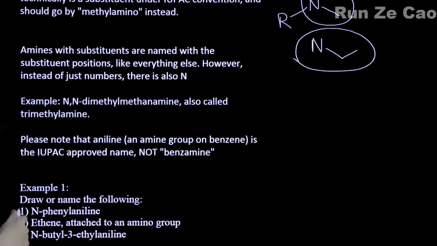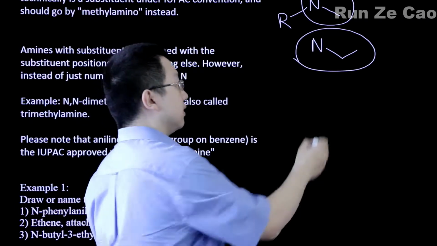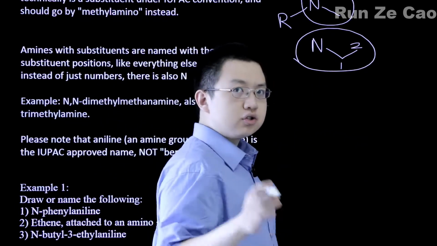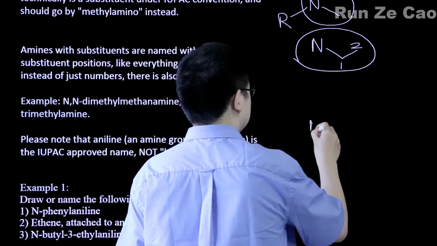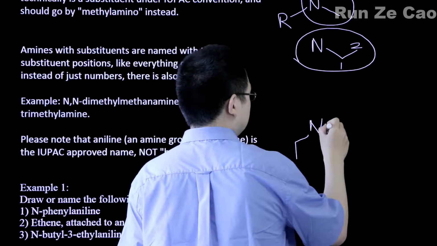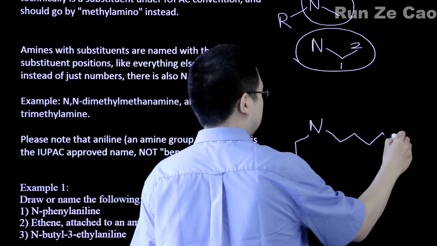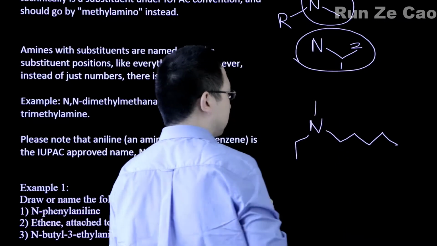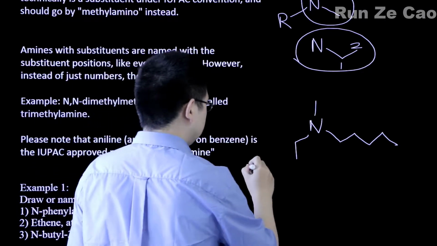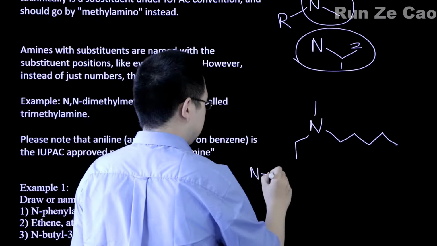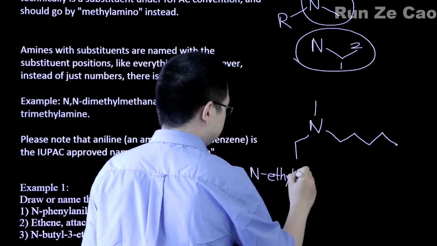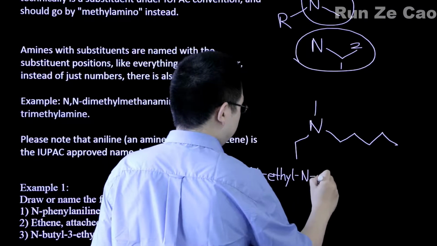Now, amines with substituents are named with this being the first carbon and this being the second carbon, and so on. They are named using the longest chain. So, for example, if your nitrogen is attached to, say, this, and this way, then that would be N-ethyl. Remember, this should go in alphabetical order. N-methyl.